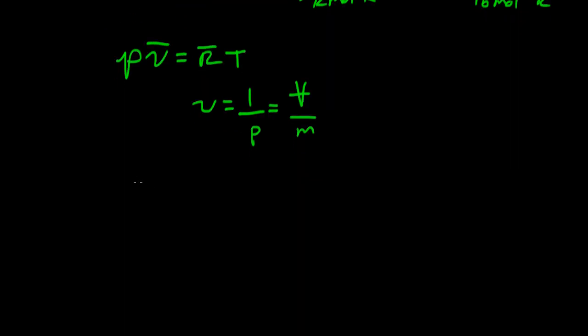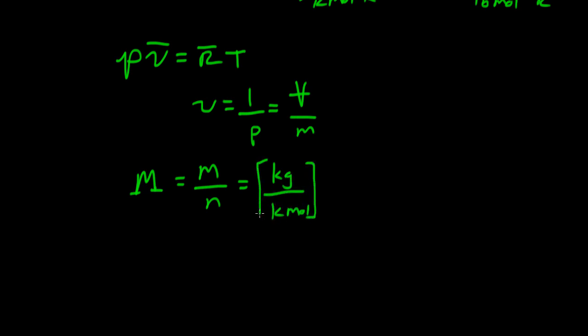The molecular weight, M, capital, is expressed in mass per unit amount of substance, and has units of kilograms per kmol or pounds per pound mole.